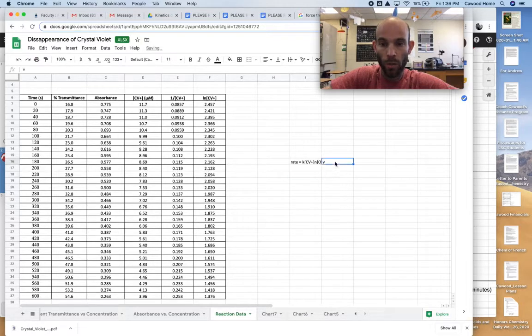That's our general rate law. Okay, we're going to reduce this down into a pseudo rate law, and so that's going to be k prime times the concentration of CV plus raised to the n power.